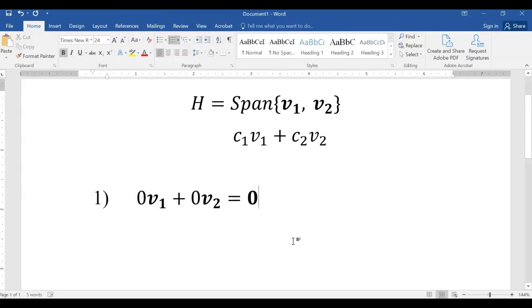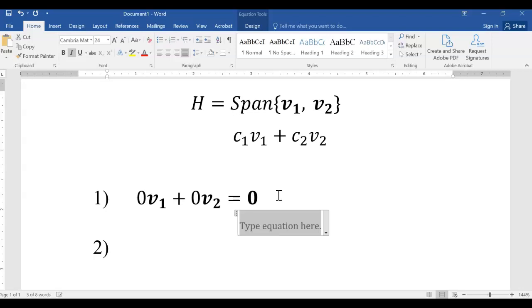All right? So therefore, the 0 vector is a linear combination of v1 and v2.